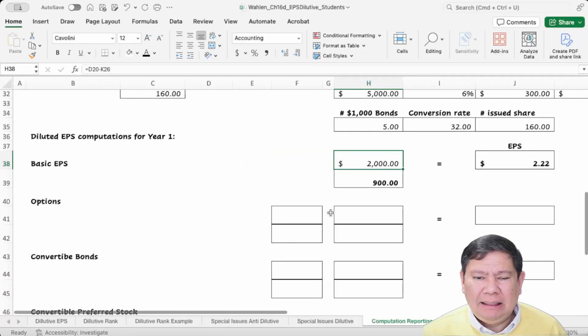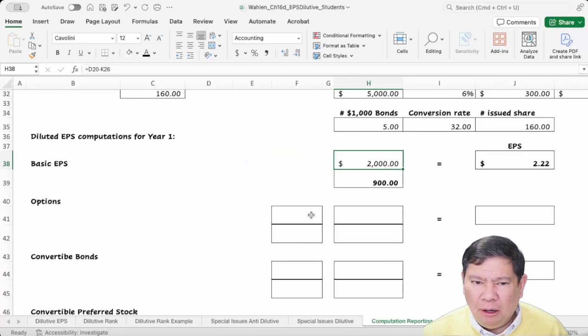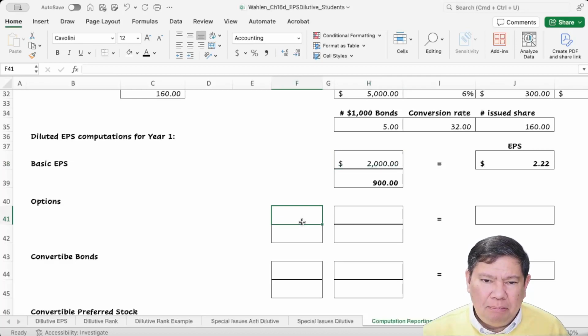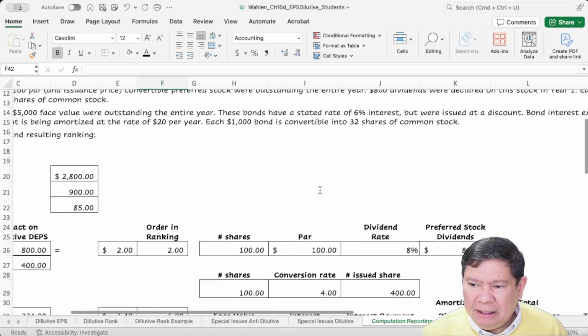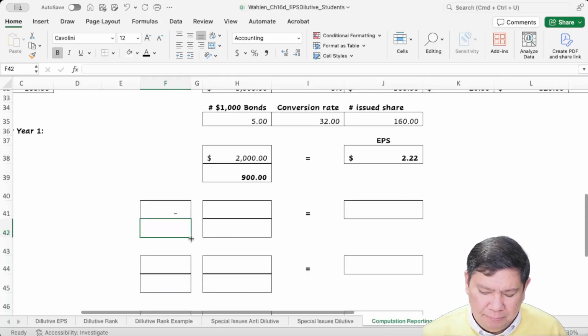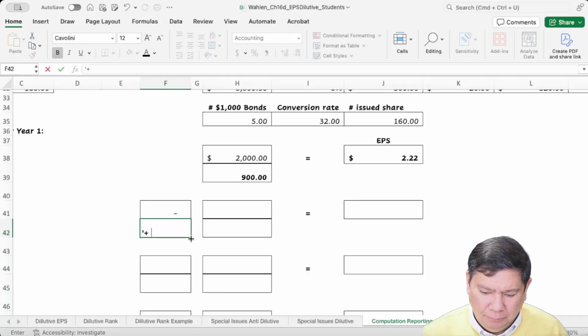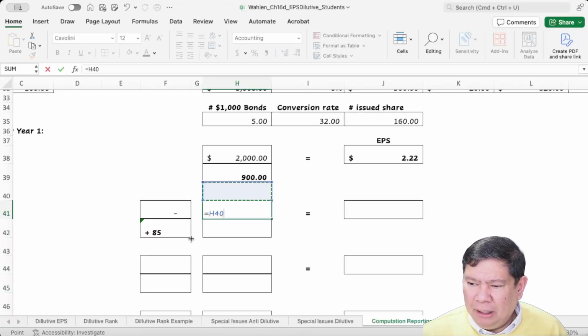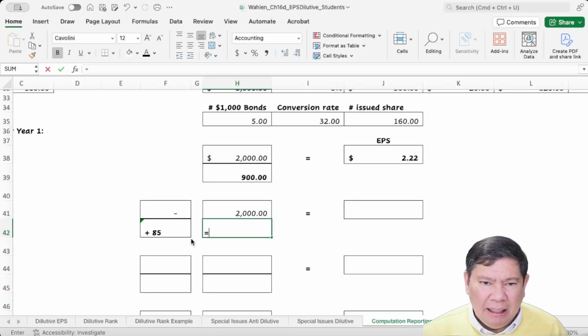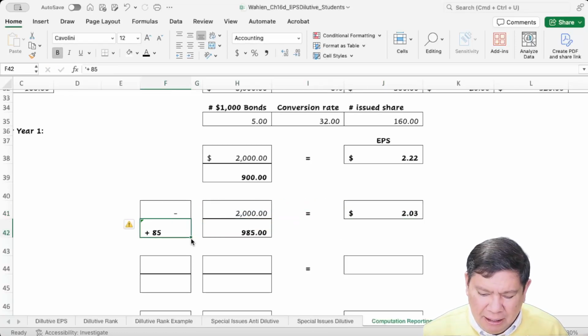Now let's assume we exercise all the options. It doesn't have any impact on the numerator, but the denominator will increase by 85. So we're going to calculate 2,000 divided by 985.